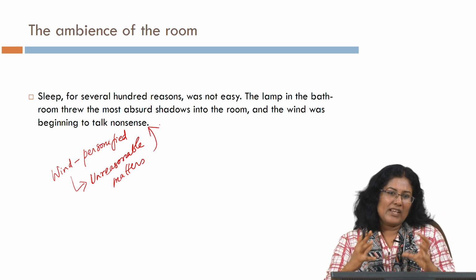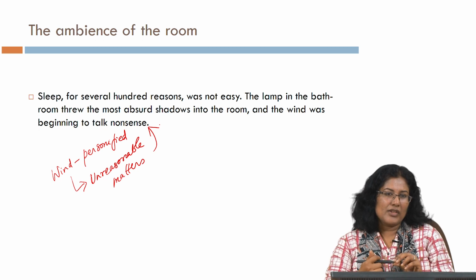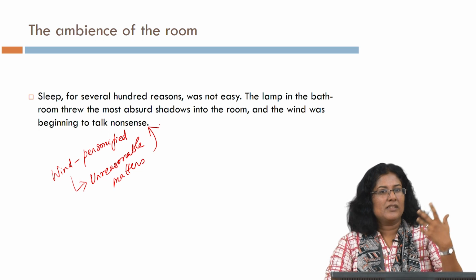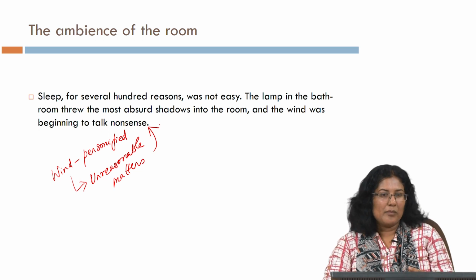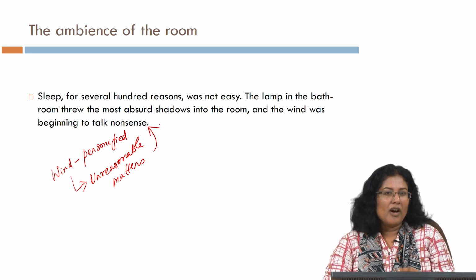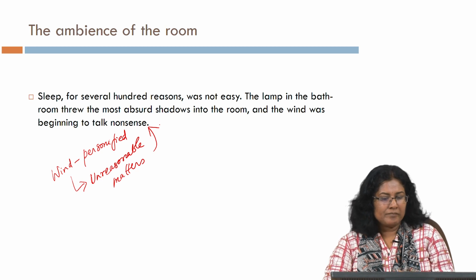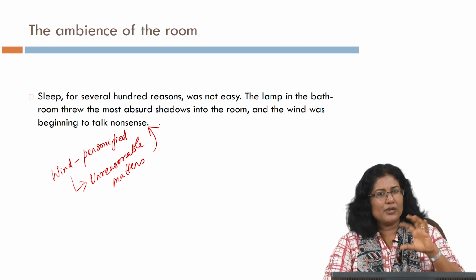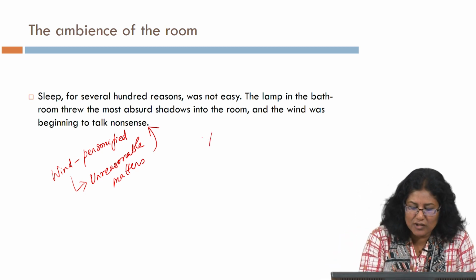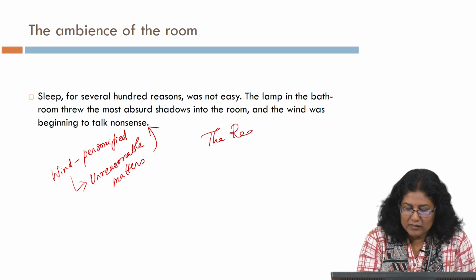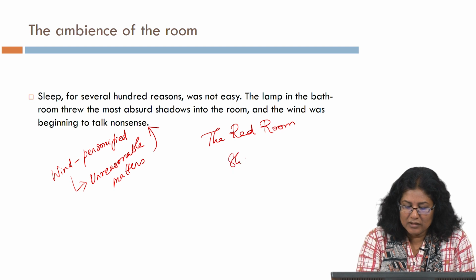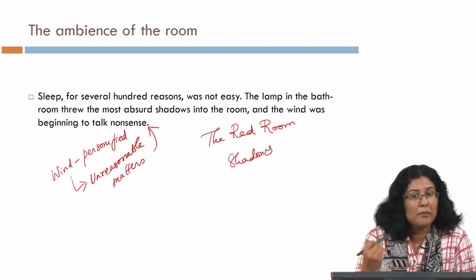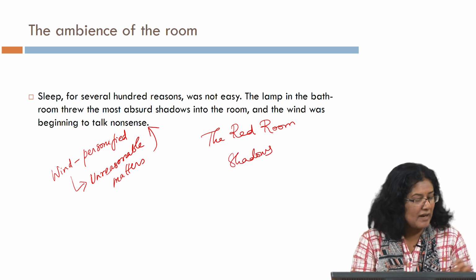So again, we can see that the wind is also described according to the narrator's beliefs about the local populace and the country. And the lamp is also throwing a lot of shadows, which reminds us of the red room, where we have the shadows overwhelming the narrator, the young narrator.